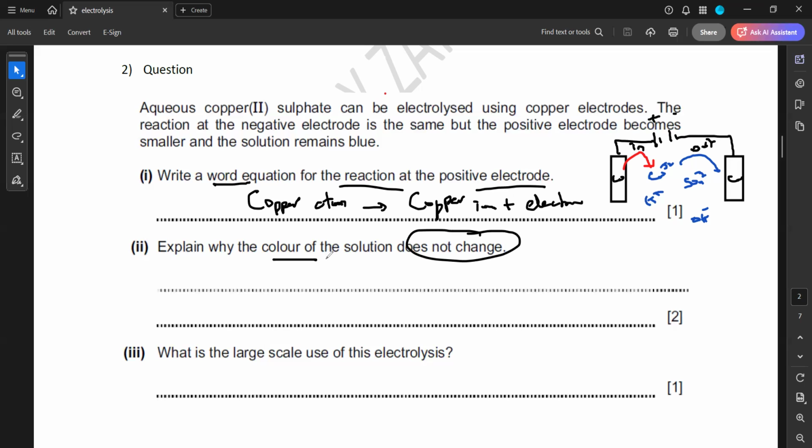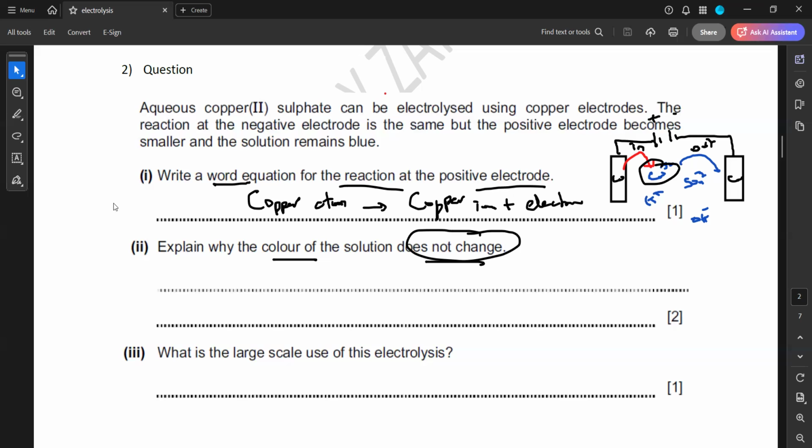Why does the color of the solution not change? What could be the reason why there is no change in color for the solution? Actually, the color of the electrolyte depends on what? It depends on the amount of the copper ion, the concentration.